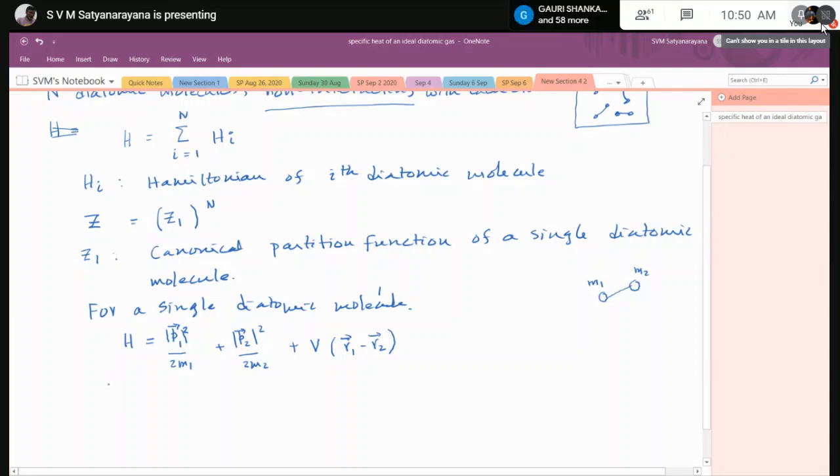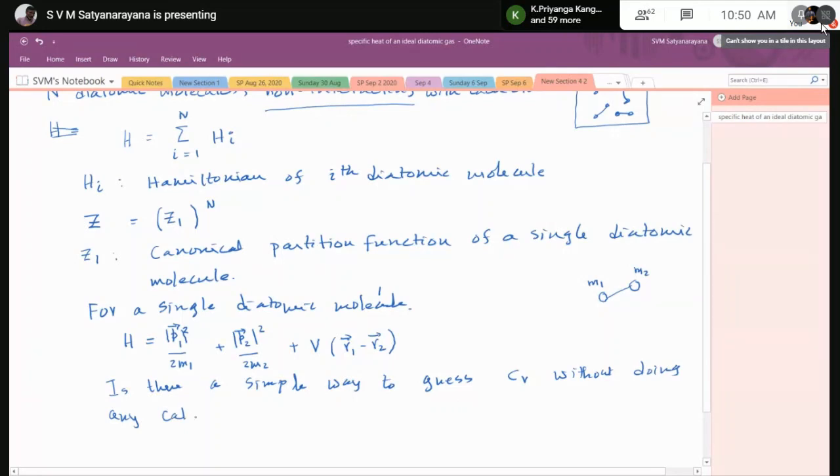So the question is, is there a simple way to guess the specific heat without doing any calculation?